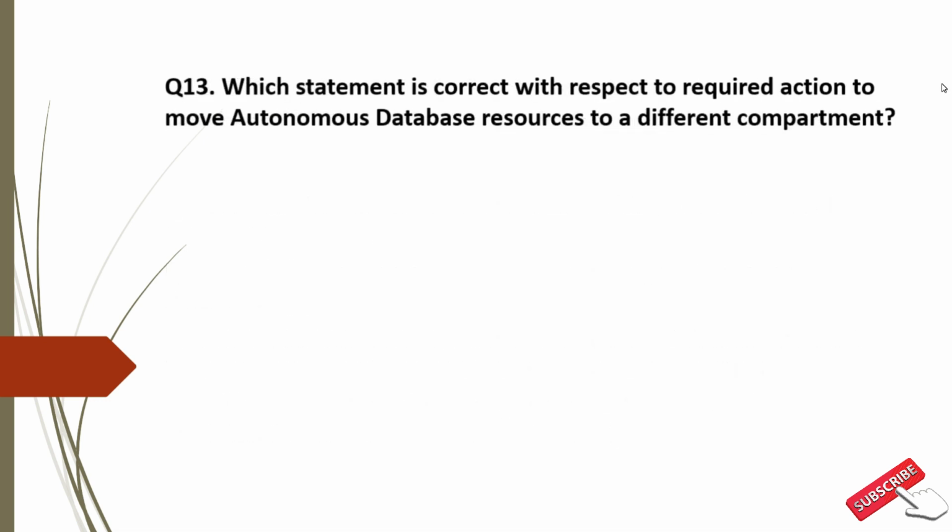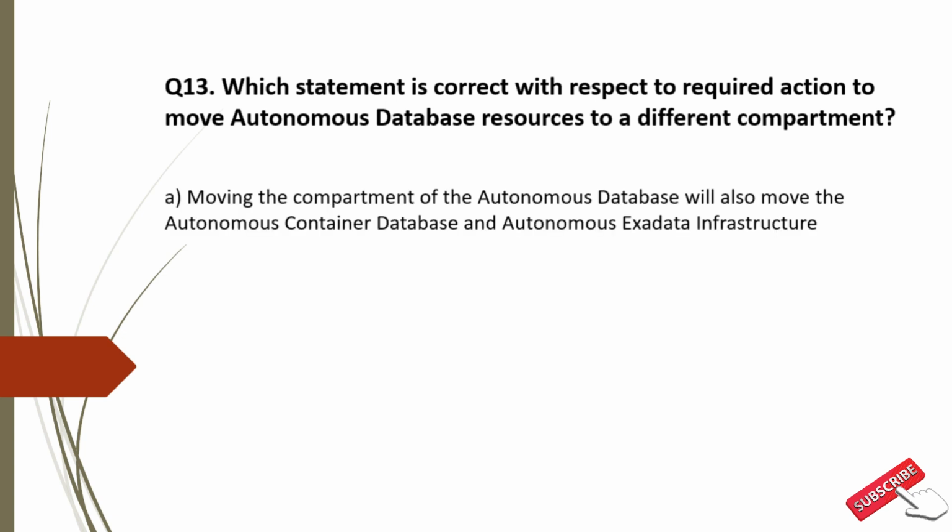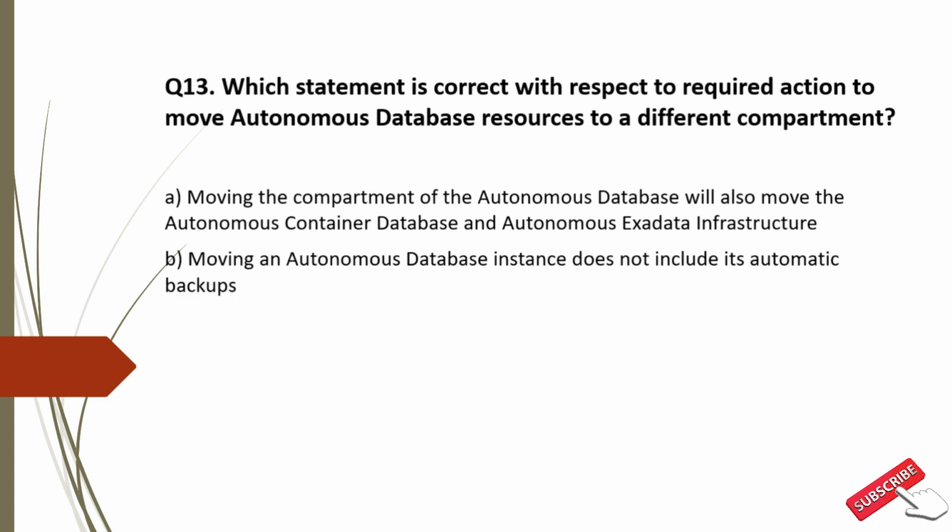Question 13. Which statement is correct with respect to required action to move autonomous database resources to a different compartment? And the options are A. Moving the compartment of the autonomous database will also move the autonomous container database and autonomous Exadata infrastructure. B. Moving an autonomous database instance does not include its automatic backup.